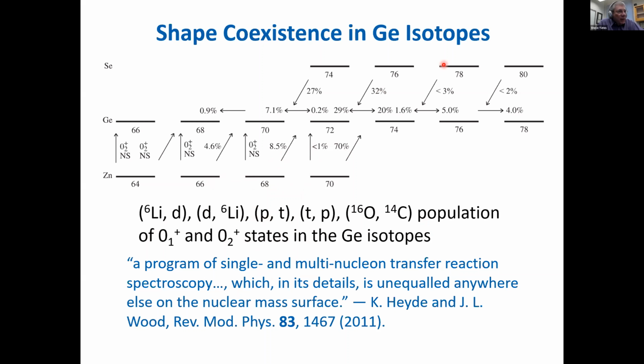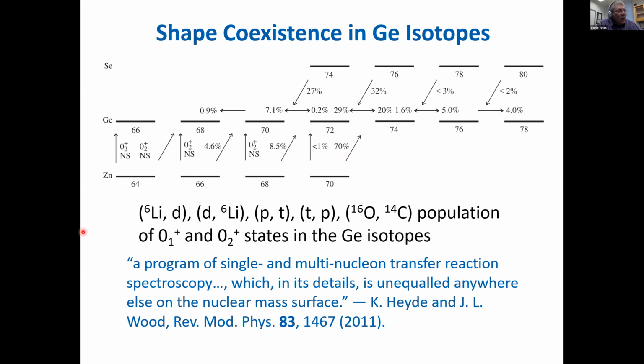And this is a very complicated picture at the top. This is from the review by Chris Haida and John Wood. You can see that the horizontal arrows correspond to neutron transfer reactions. The vertical arrows are proton transfer reactions, and the diagonal arrows are alpha particle transfers.